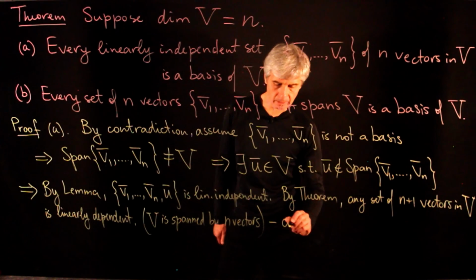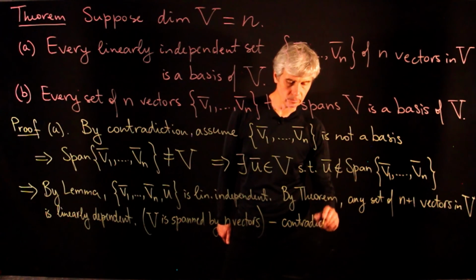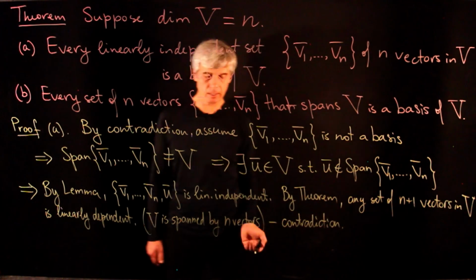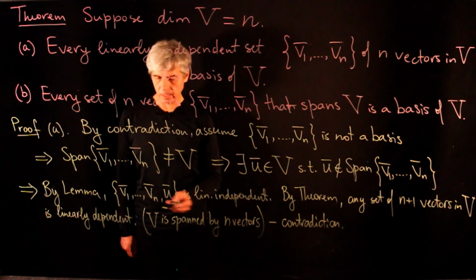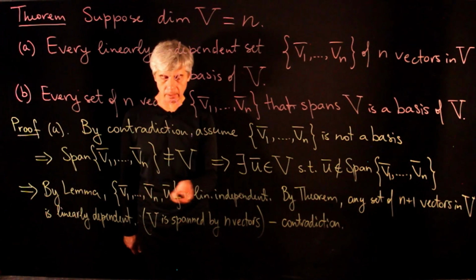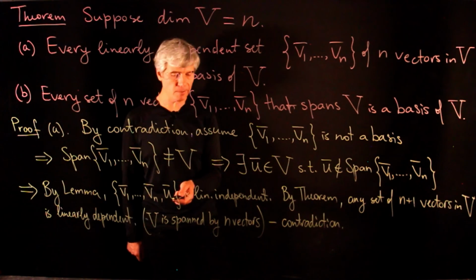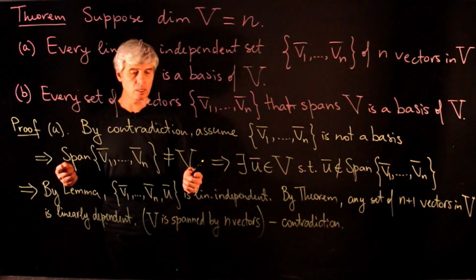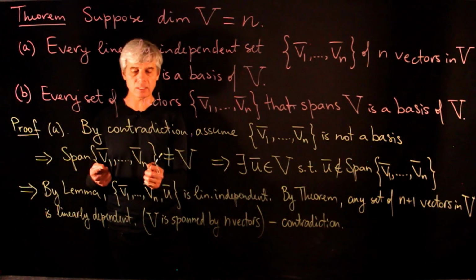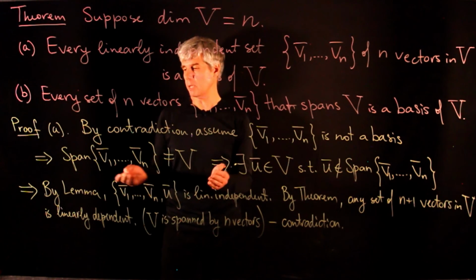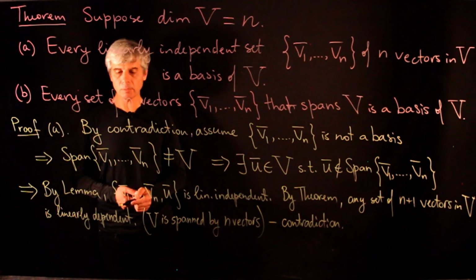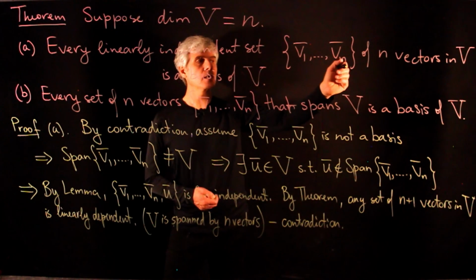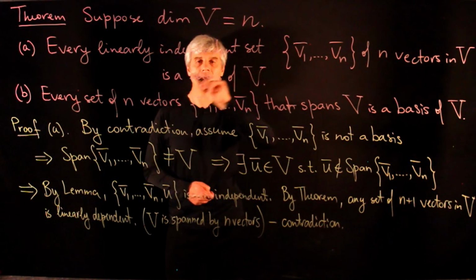And so here we get a contradiction. On one hand, we know that any n plus 1 vectors in V is a linearly dependent set. And on the other hand, we conclude that here we have a set of n plus 1 vectors which is linearly independent. And the source of this contradiction was the assumption that the span of these n vectors is not V. So this means that this assumption is not possible. And so this tells us that this set, in addition to being linearly independent, also is a spanning set. And hence it is a basis.